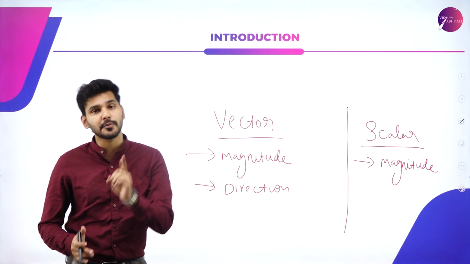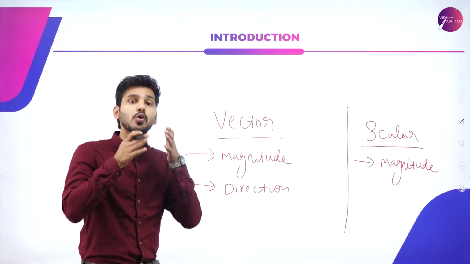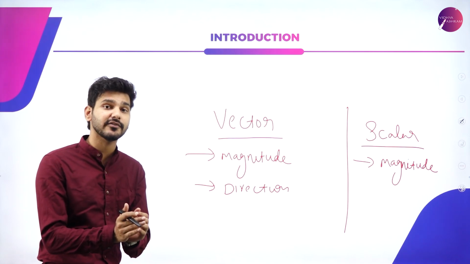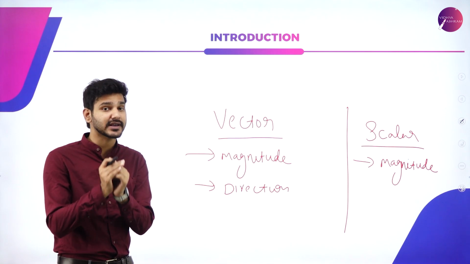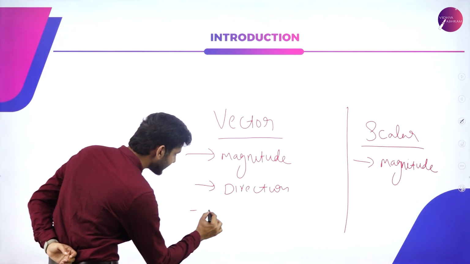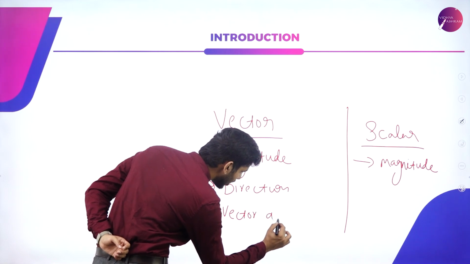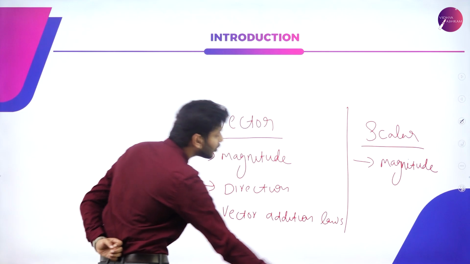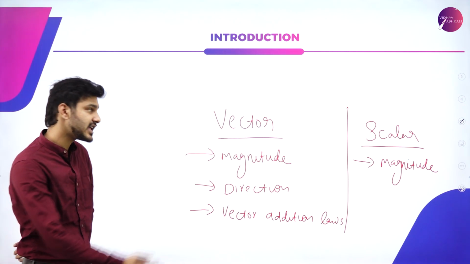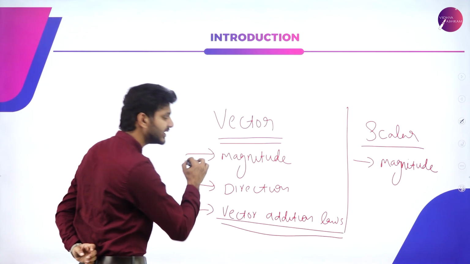But there is one more important thing that you have to remember: vector quantities will only be vector quantities if they follow a particular law, and that law is the law of vector addition. If these quantities follow vector addition laws, then only will they be known as vector quantities. They need to follow the law of vector addition.